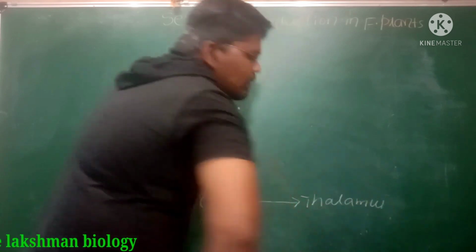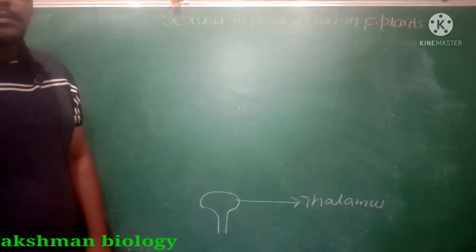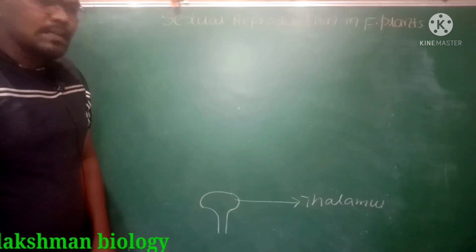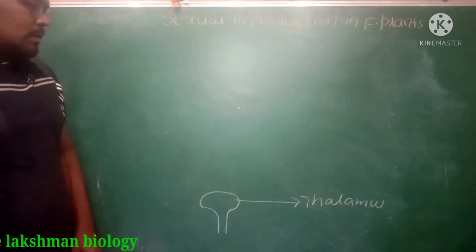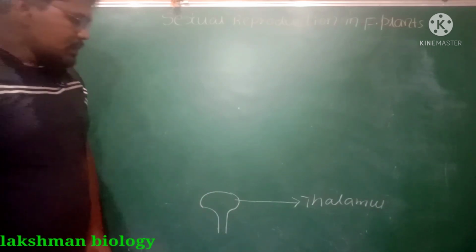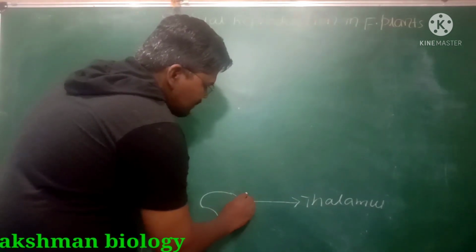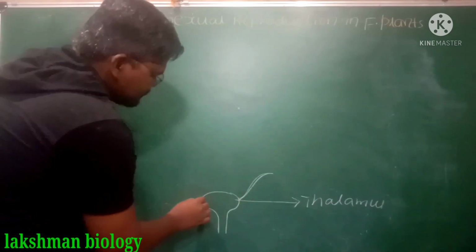All flower parts are attached on the thalamus. Another name for thalamus is receptacle. Then on the thalamus we can see attachment of 4 different floral parts.